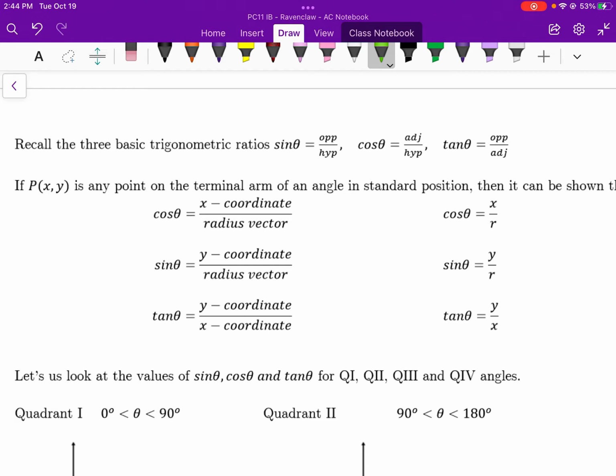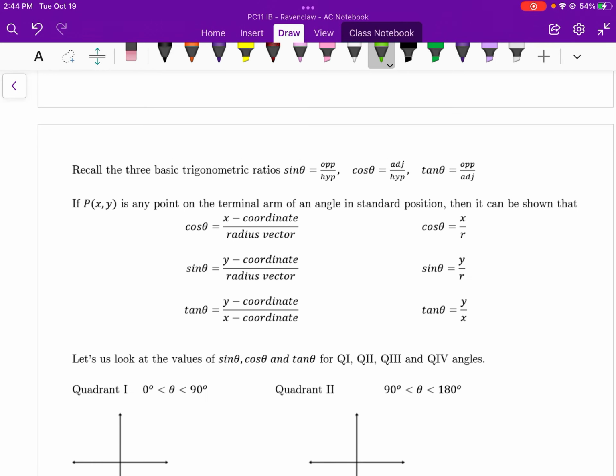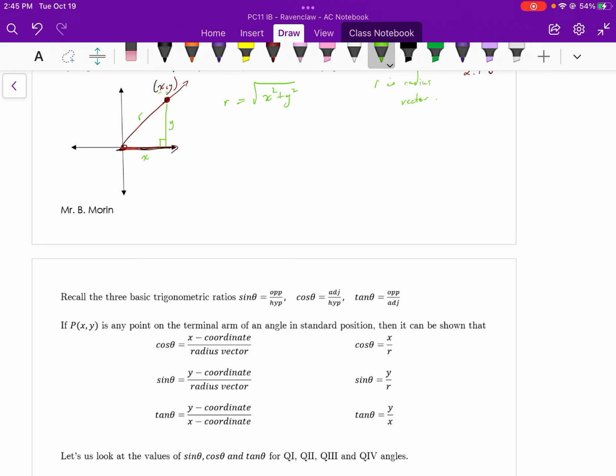If point P(x, y) is any point on the terminal arm of an angle in standard position, then it can be shown that cosine theta is equal to the x-coordinate divided by my radius vector. Sine is the y-coordinate divided by my radius vector. Tangent theta is my y-coordinate divided by my x-coordinate.